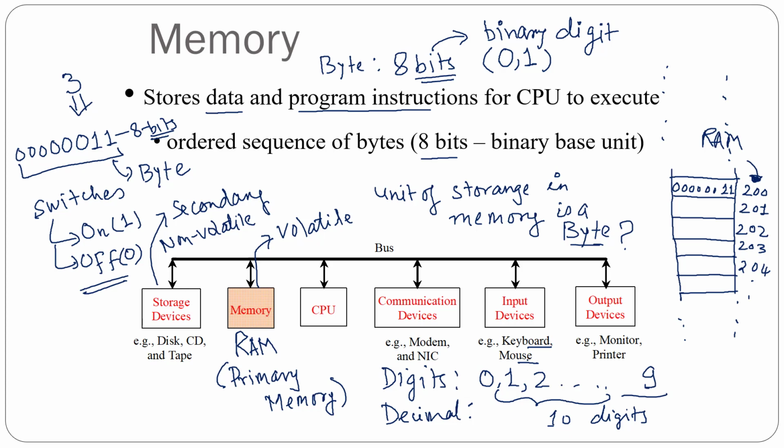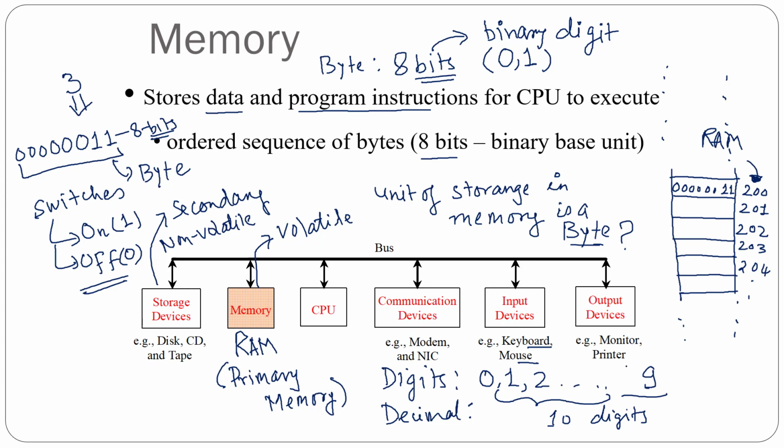And how about the output devices? The output is something that you see on your monitor, and this monitor might be an external monitor if you have a desktop, or if you have a laptop, then the screen that you have, which is connected with your laptop, is your monitor. So the screen becomes your monitor there.